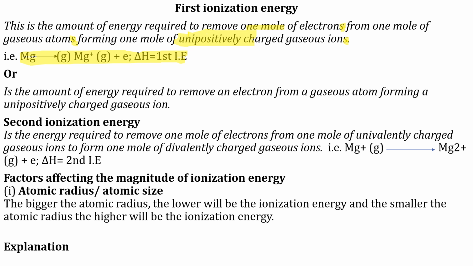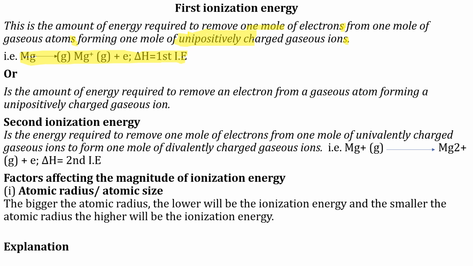This equation was not written properly, but you can visit a textbook. Magnesium in gaseous state, after giving off 1 electron, gives you a magnesium ion. Each and every coefficient is 1, which means that you're forming uni. First ionization energy is about uni, or 1.